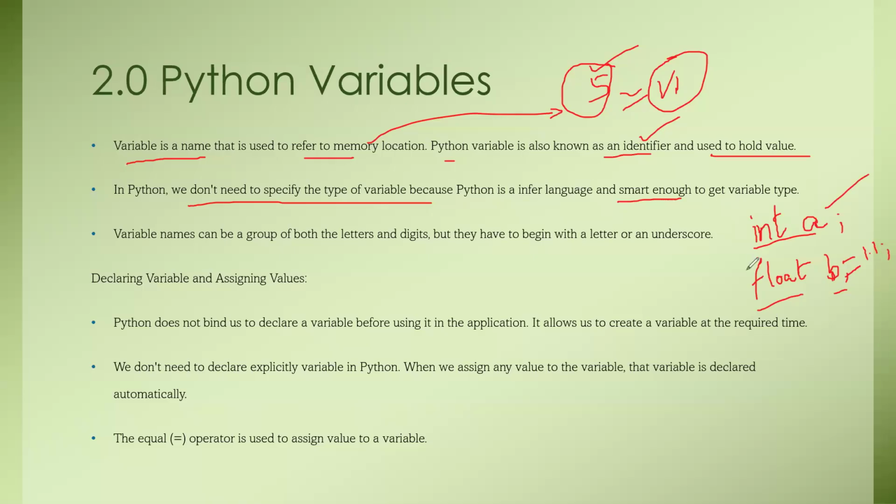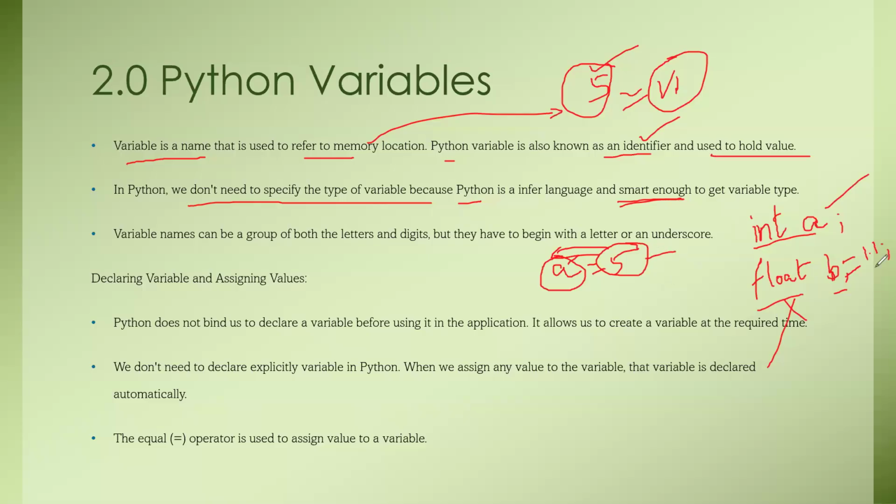But in Python, the data type is not mandatory. If you want to declare a variable, you can simply say a equal to 5. Then how is the data type identified? Python smartly identifies the data type depending upon the value you assign to that variable. If you assign 5, it is considered a numeric item.